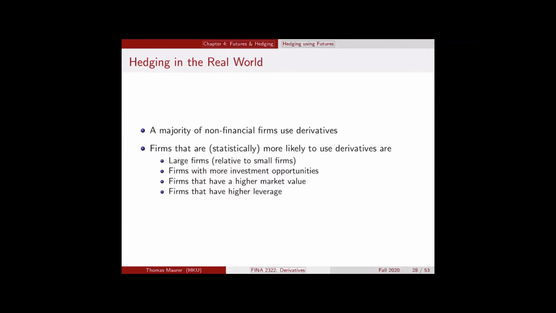So it could be that large firms use more derivatives just because they have the expertise and also the resources to do efficient hedging. But it also could be that firms become very large because they're more successful, because they use derivatives to hedge risks which are not in their core business. At the end of the day, we don't know in which direction the causation goes. We can only tell that there is this correlation.